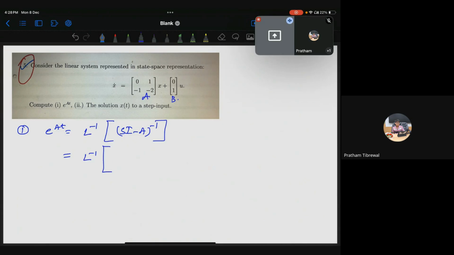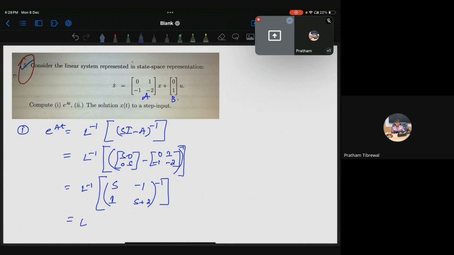So L inverse of sI minus A, where sI is s, 0, 0, s, and A is 0, 1, minus 1, minus 2. Any doubt in this formula? Okay, so this inverse, that is L inverse of the matrix s, minus 1, 1, s plus 2, inverse.